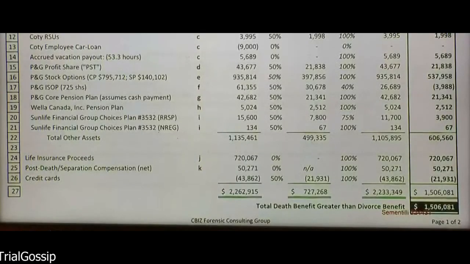So none of that would be divided with Ms. Sementilli. So the full, again, just like the life insurance, it's either nothing or the full amount of $50,271. That's correct.